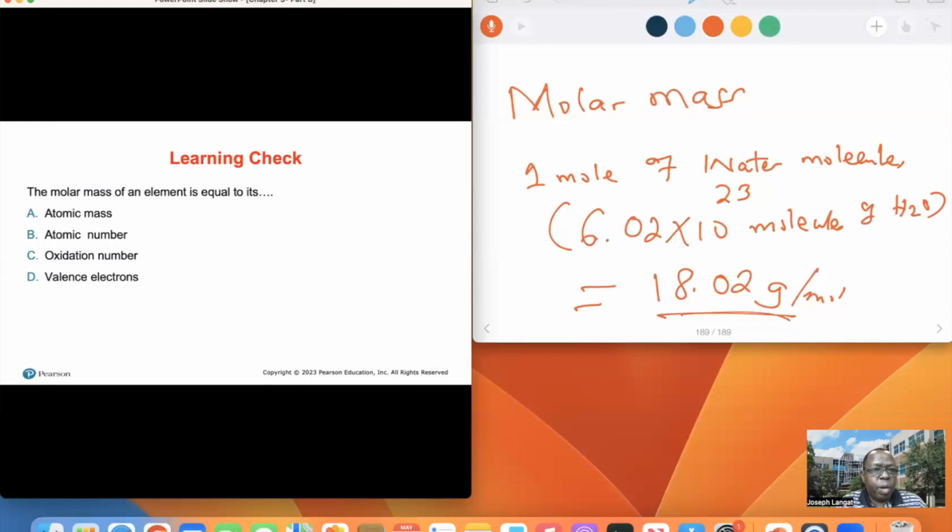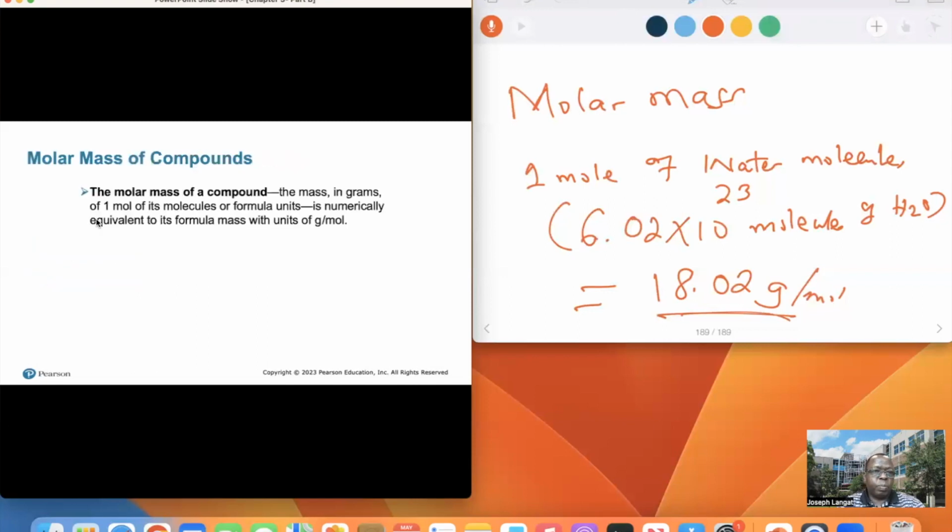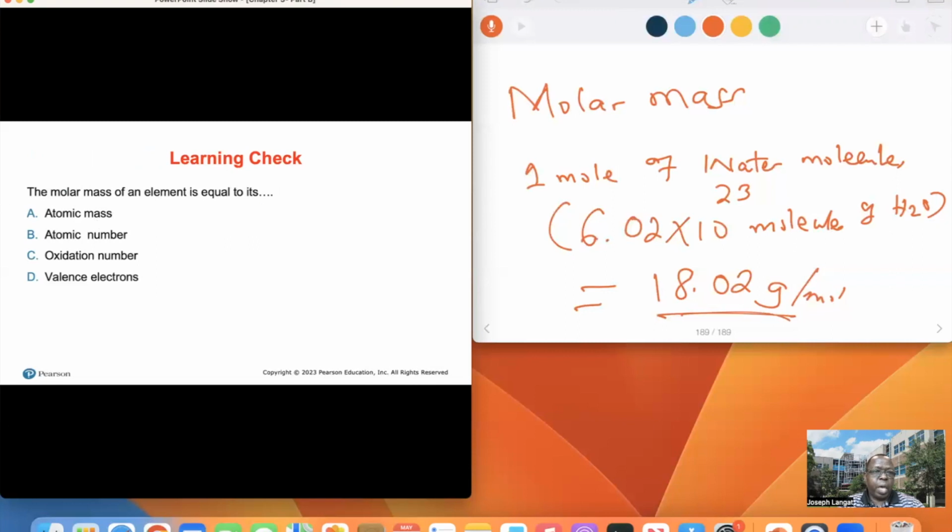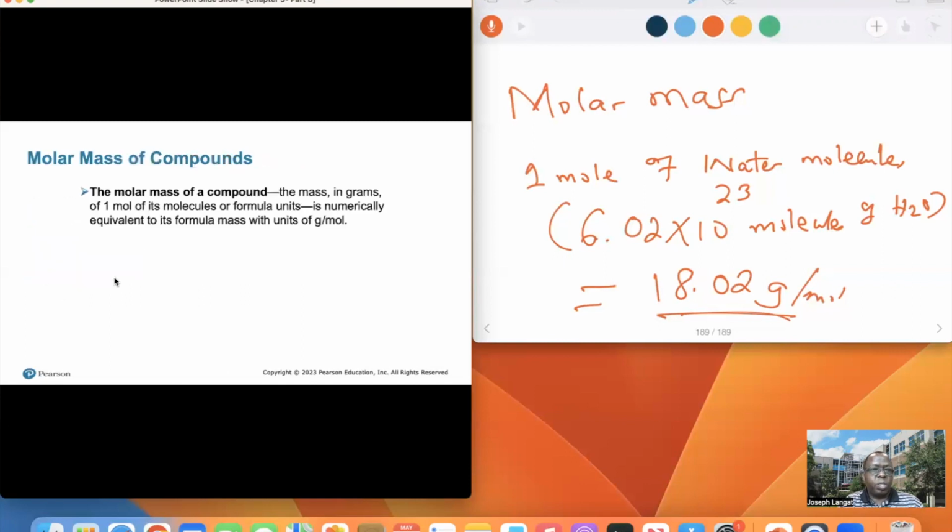The molar mass of an element is equal numerically to its atomic mass. This is the molar mass of a water molecule, which is equivalent to atomic mass. This is not the atomic number; that is the position on the periodic table. We haven't talked about oxidation number and valence electrons. They will come back towards the end of the semester. You should know all those key terms.